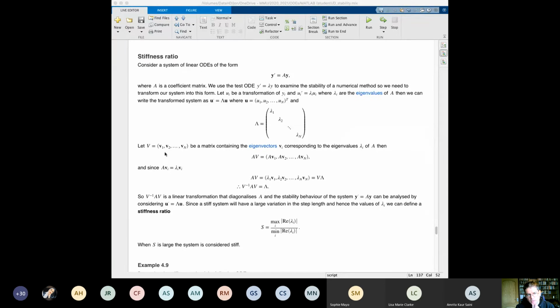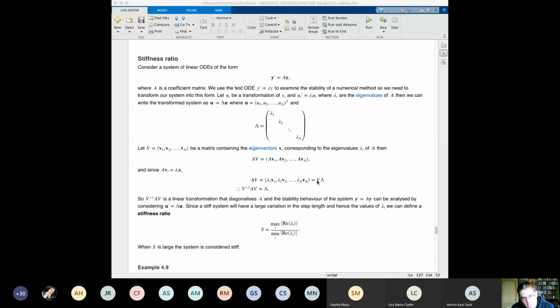Let V be a matrix containing the eigenvectors of A, corresponding to each eigenvalue λ_i of A. If we multiply A by V, then since by the definition of an eigenvector and eigenvalue, AV equals λV, what we have is V times our matrix Λ.